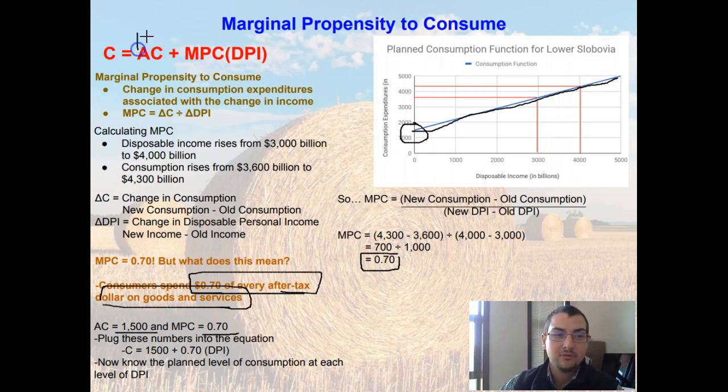Remember, this is now equal to 1,500, plus the marginal propensity to consume of 0.70 times disposable personal income. And as disposable personal income changes, we can actually calculate this planned level of consumption. So we can just plug it in and we know what the planned level of consumption is at each level of disposable personal income.